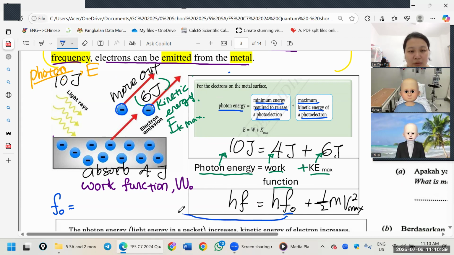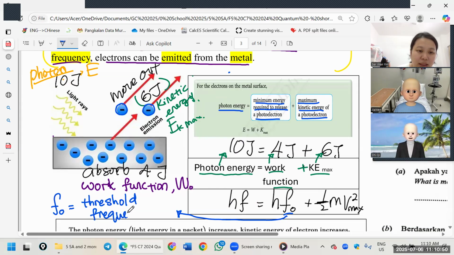Okay, now come back to f naught. What is the name of f naught? We call it the threshold frequency. This chapter has many new words for you. Threshold frequency. Again, this energy: photon, absorb, work function, go out, kinetic energy.